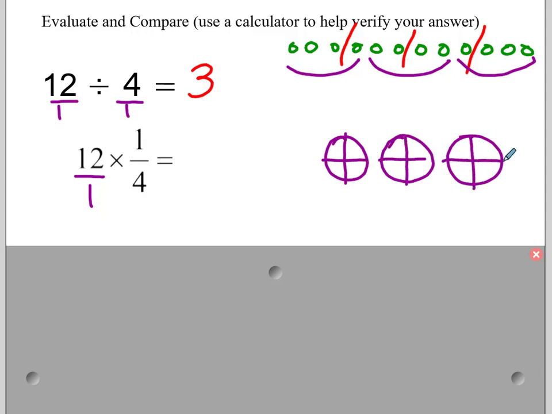And now let's count how many quarters are actually here. There's 1, 2, 3, 4, 5, 6, 7, 8, 9, 10, 11, 12. So there's 12 quarters, and if they're rearranged, they make a grand total of 3. So again, dividing by 4 over 1 got the exact same result as multiplying by 1 over 4.